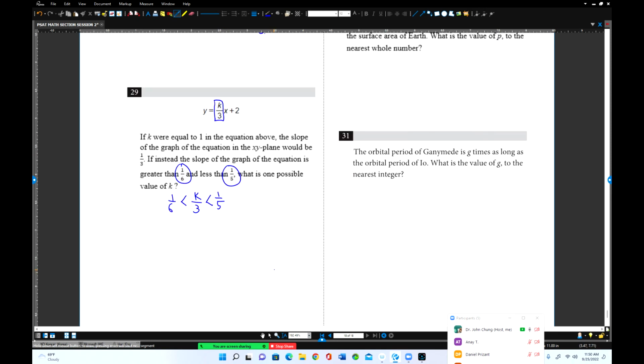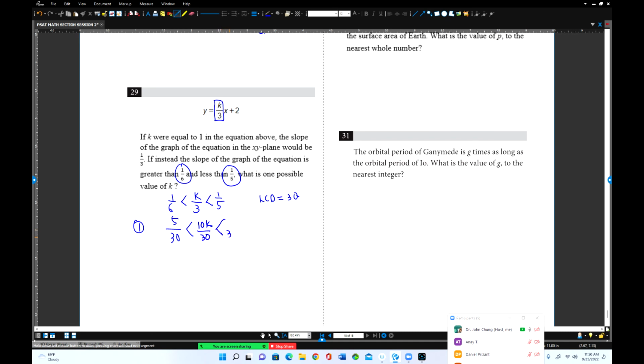Maybe for method 1, you can use this one. Make a common denominator. 6 and 5, the common denominator is how much? 30, isn't it? LCD equals 30. So type 30. 1/6 is 5 over 30. This is times 10, so k over 3 is 10k over 30.